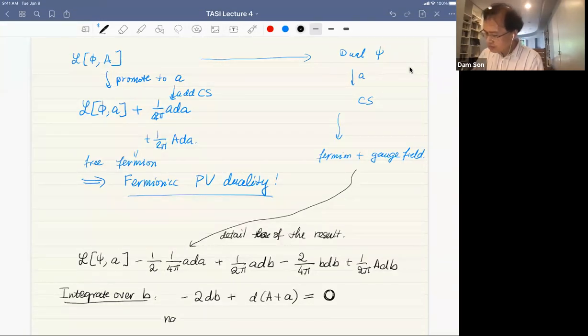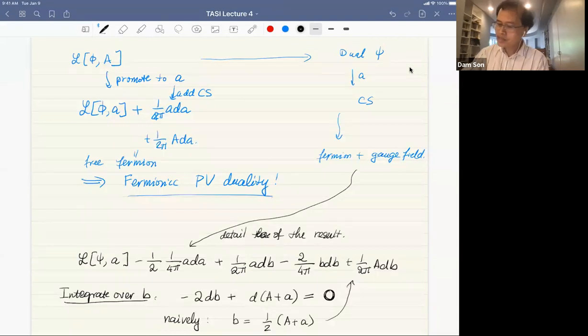So naively, if we take B equal to 1/2 of A plus A and put that into these equations, we find the result, which is our Lagrangian. The final Lagrangian would be equal to some phi coupled to A plus 1/4 pi AdA plus 1/2 of 1/4 pi AdA.